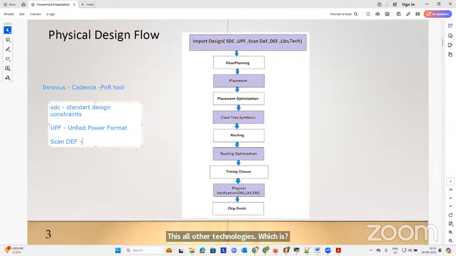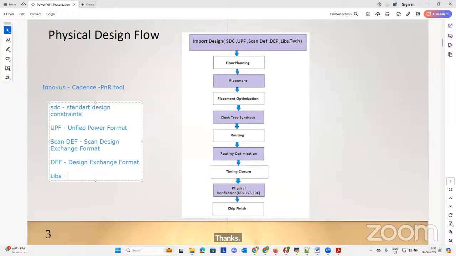DEF is nothing but design exchange format. These are like DB files, database files. Next is DEF. Next is libs.